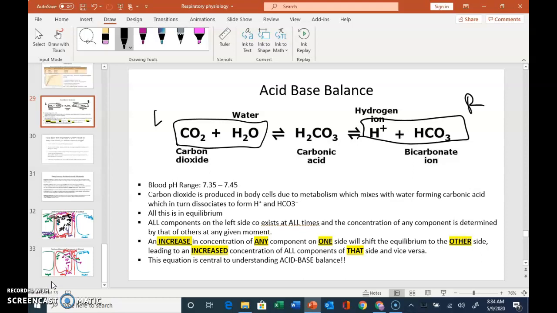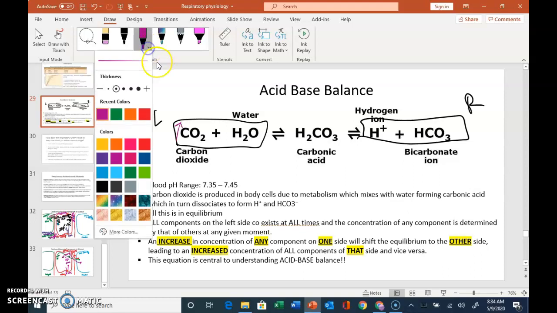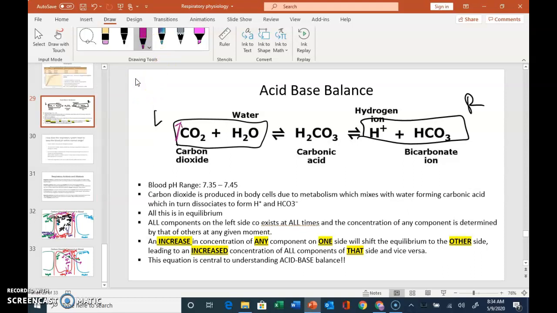Let's look at the left side. Let's say we have too much carbon dioxide on the left side. Can that happen? Then obviously you will have more carbonic acid, right? If you have too much carbon dioxide, you will form more carbonic acid. And then obviously you will form more hydrogen ion.